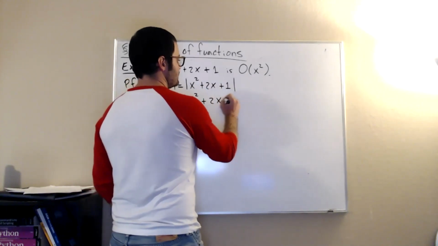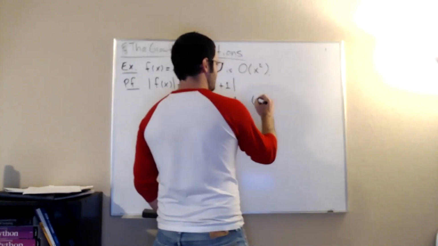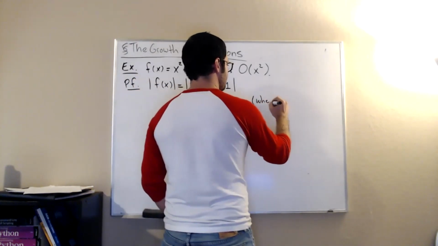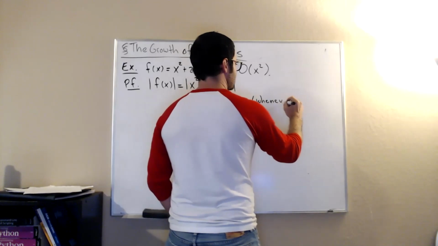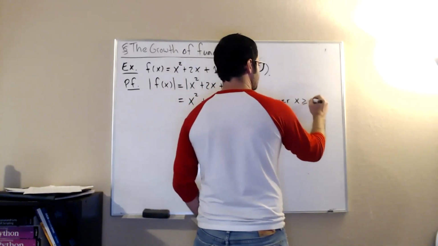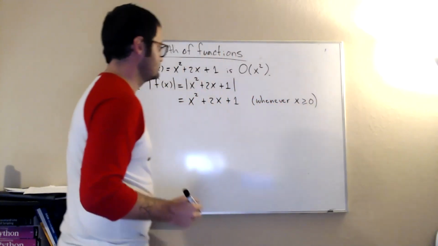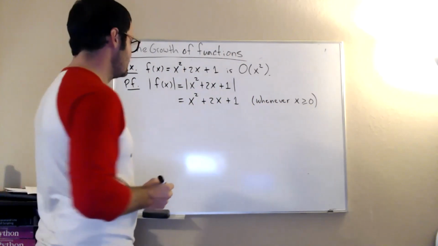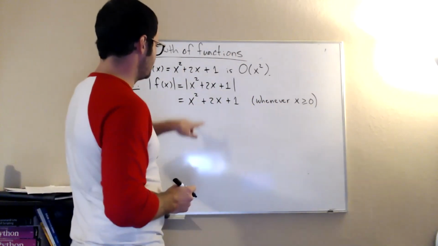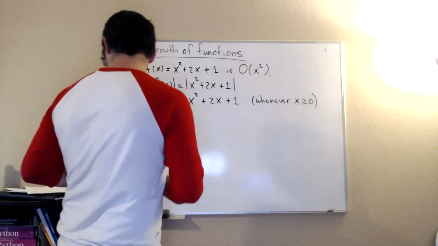But we have to make note of that over here on the side, whenever x is greater or equal to 0. Okay? So now we need to somehow show that this is bounded above by a constant multiple of x squared.